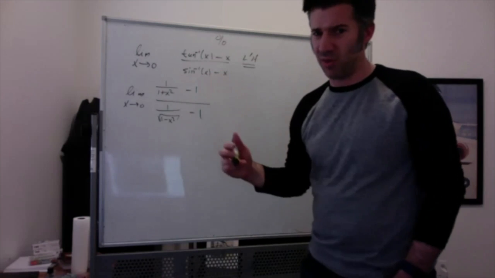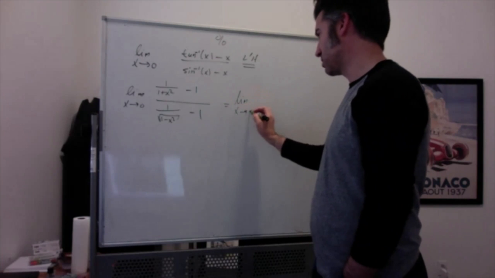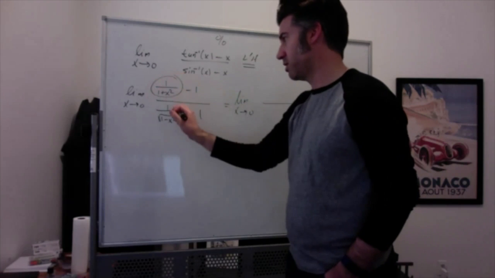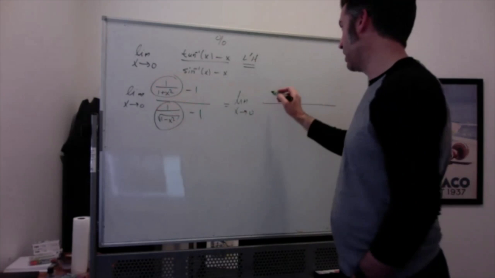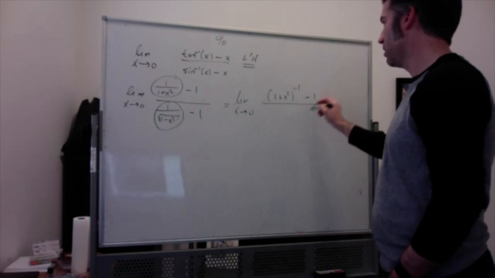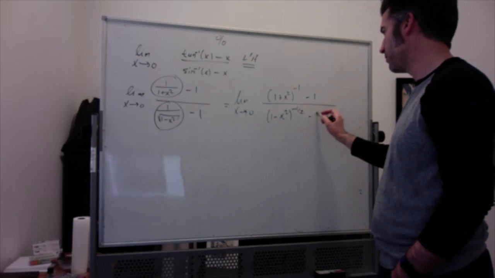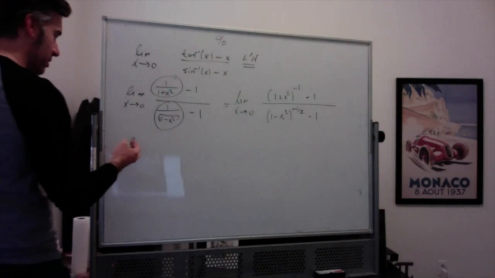I don't really want to use the quotient rule, so I'm going to rewrite this. Limit as x goes to 0. I'm going to write this as 1 plus x squared to the minus 1, and this as 1 minus x squared to the minus 1/2. I think that's going to be probably the least terrible way to do this.